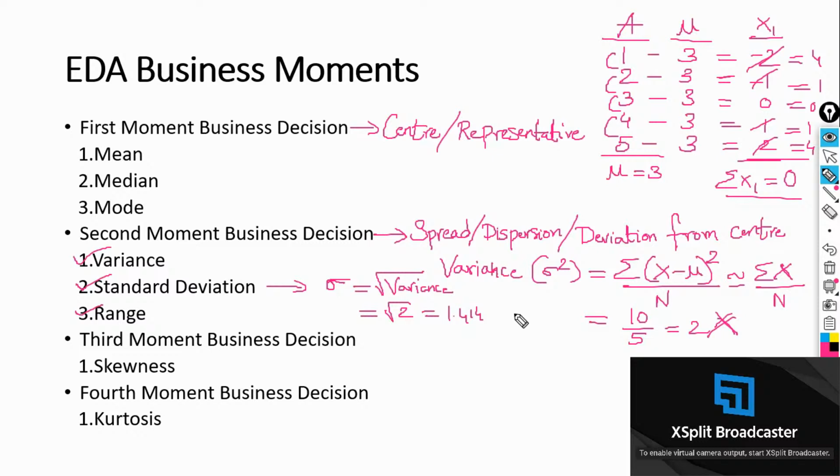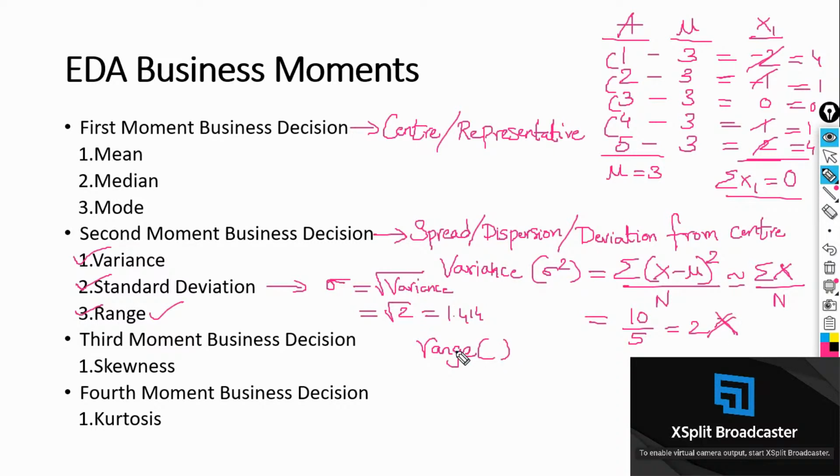Now, let us go to the third measure of second moment. What does range help us to calculate? Guys, majority of my students, previous guys, they used to confuse between range function.